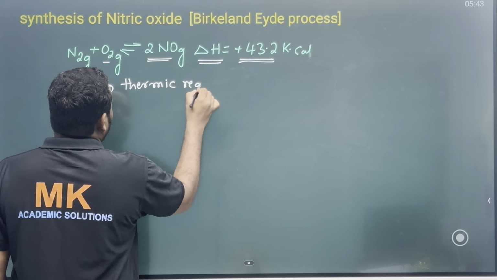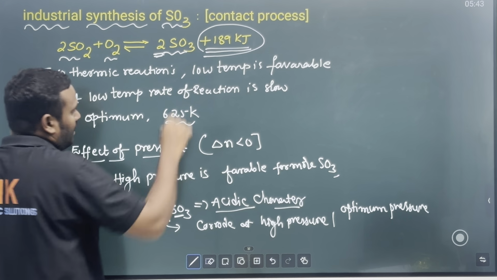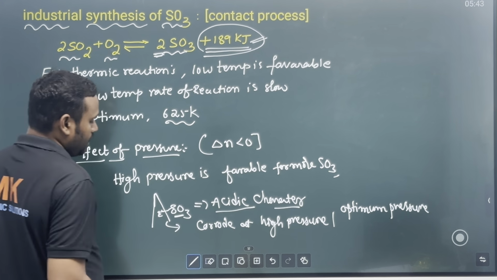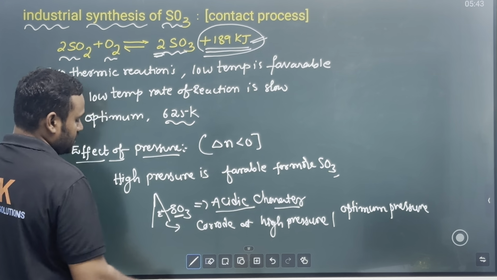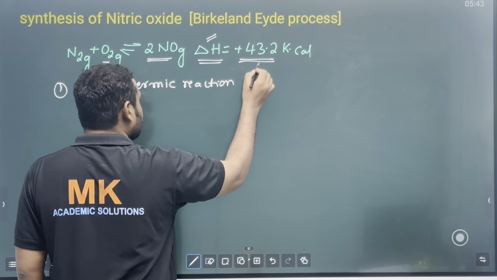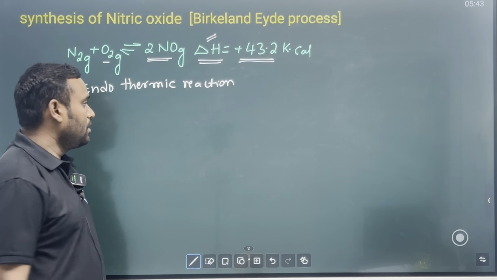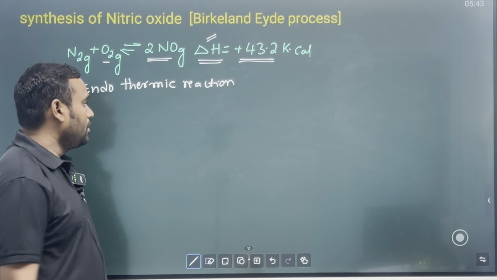Yes, but there the plus sign was along with the product, meaning that much energy is released. Here they have directly given delta H. Delta H positive means heat energy is absorbed by the system, which means it is an endothermic reaction.